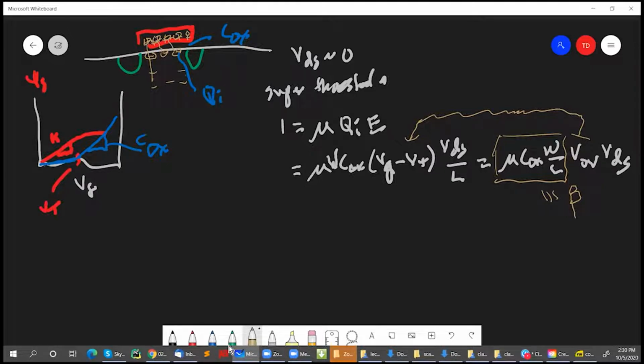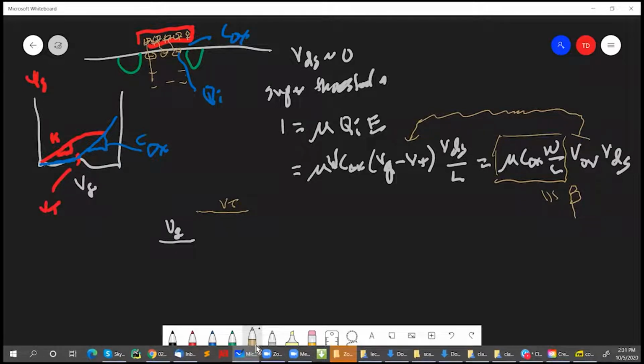Okay, so the way to think about that, the way I like to think about it, is by thinking about the inversion level at the source and drain of the transistors. So there's a picture on the slide you'll see later where we have a gate voltage. That's VG. And we also, above that, we have a threshold voltage. Let me draw that in a different color. This is VT. That's a threshold voltage for above threshold operation.